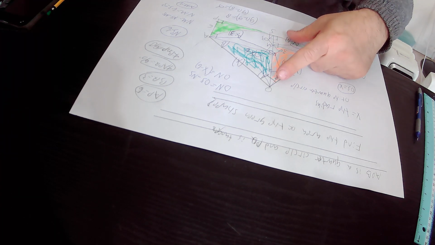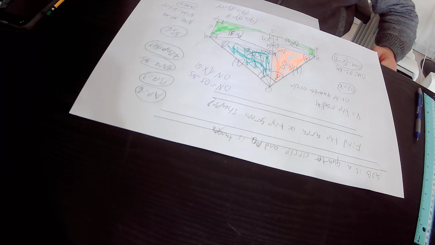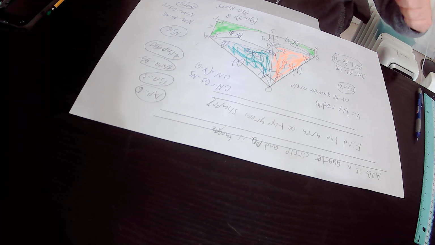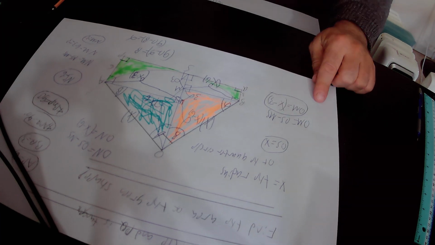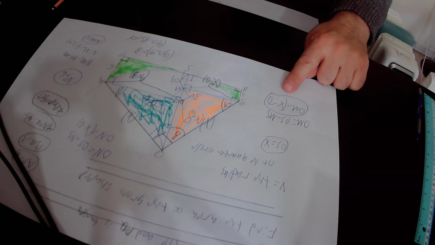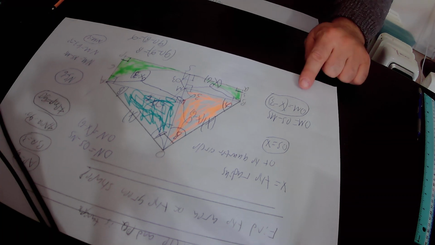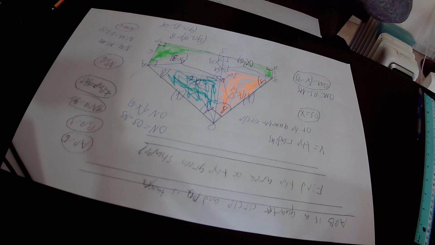Therefore OM equals X minus 3. Again, OM is OS minus MS, so OM equals OS, that is X, minus MS, that is 3. So it can be found out that OM equals X minus 3.